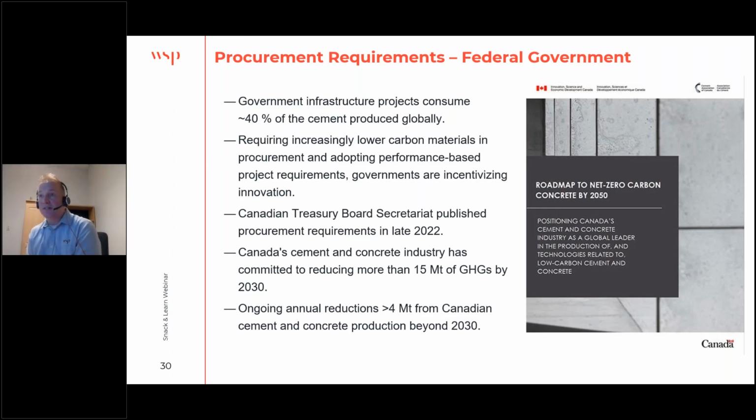They're incentivizing innovation. So the Canadian Treasury Board Secretariat published procurement requirements in late 2022, and they're committed to reducing the greenhouse gas emissions from concrete by more than 15 megatons by 2030, with ongoing annual reductions of more than 4 megatons beyond that. So there's a roadmap that was issued late last year.